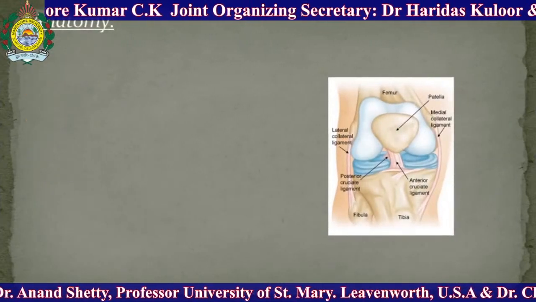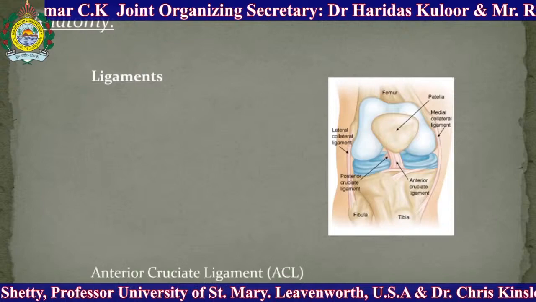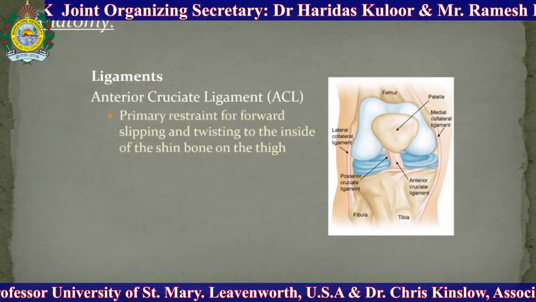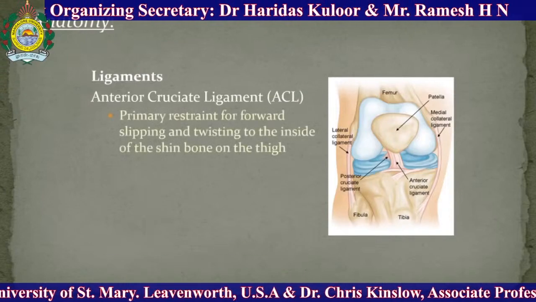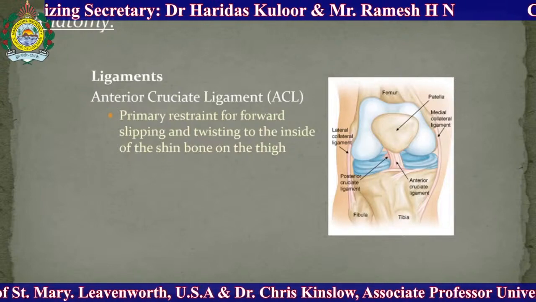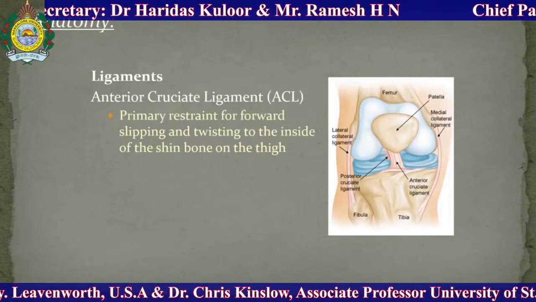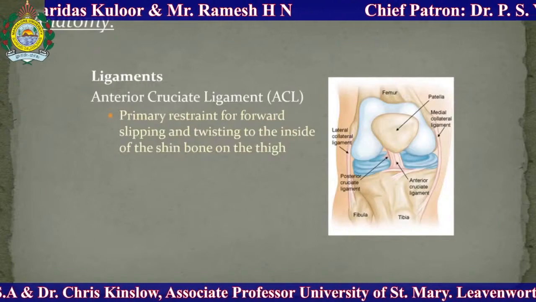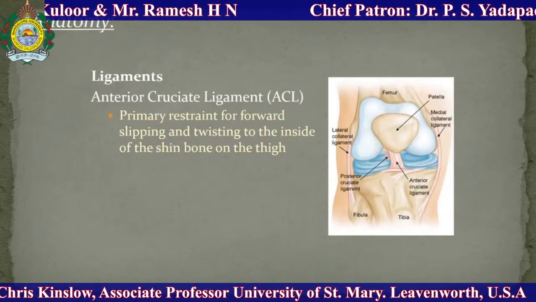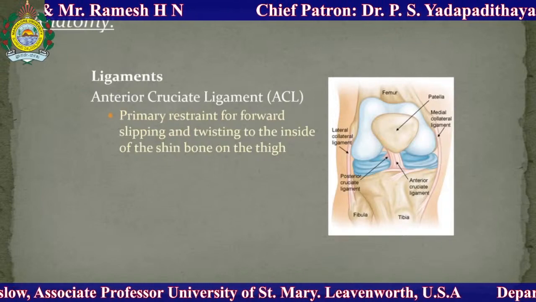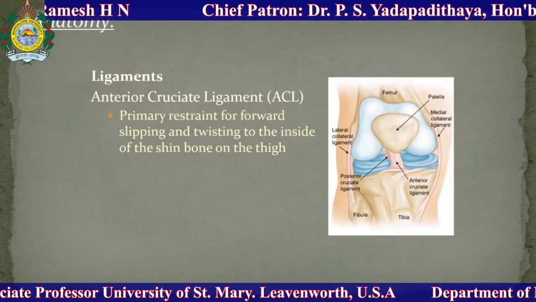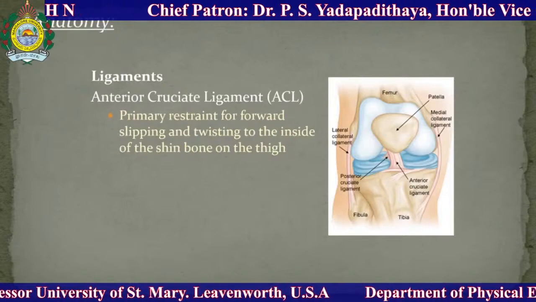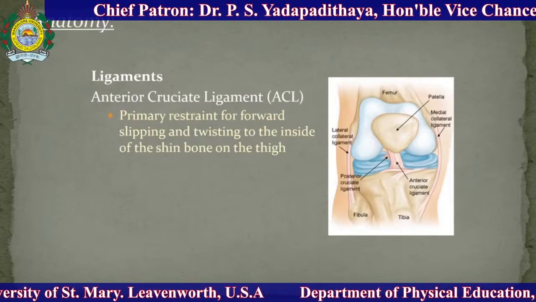So as we look at the anatomy, the first thing we need to understand is what the ACL does. It primarily prevents the tibia, the lower shin bone, from slipping forward. And in a sense, that could also be stated that it prevents the femur, the thigh bone, from moving backwards, in that case like a hyperextension event.